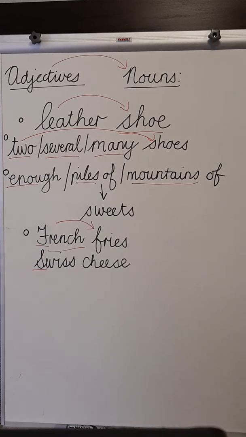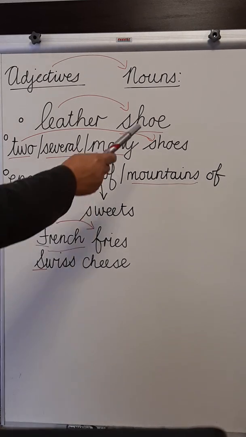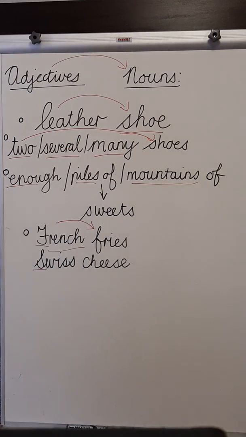So if I speak about a dog, I can say that it's not just a dog, it's a scruffy dog. Or in my case, in my house, I have a naughty dog who chews everything that he finds. But if you look at what I wrote on the board here, if we use the word shoe, if I want to give you more information about that shoe, I could say that it's a leather shoe, it's a red shoe, it is an old shoe or a new shoe.